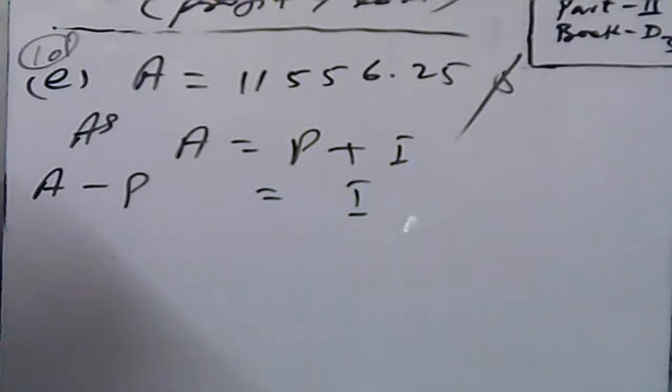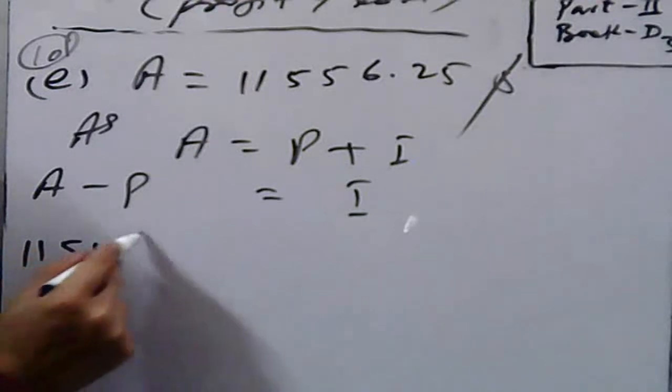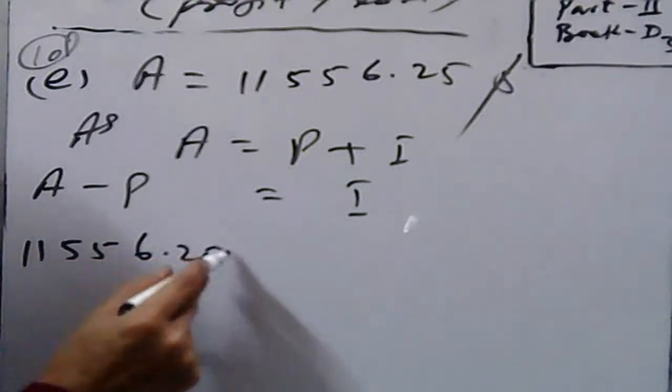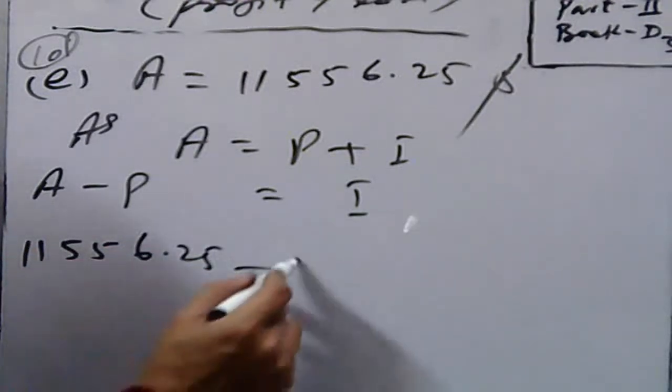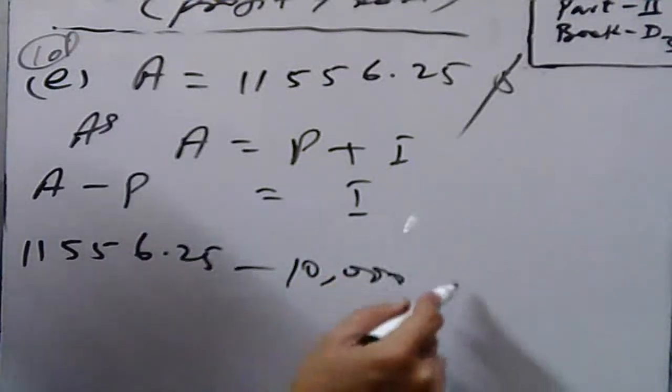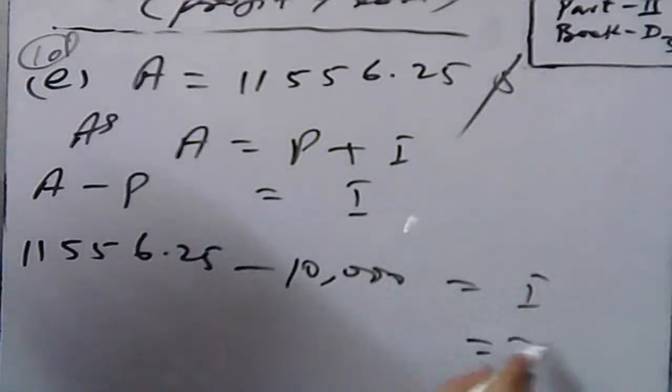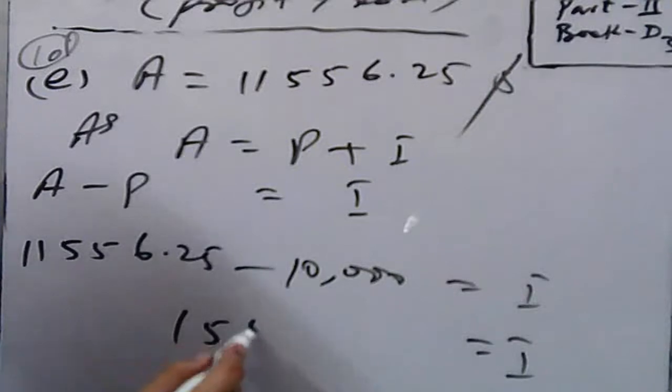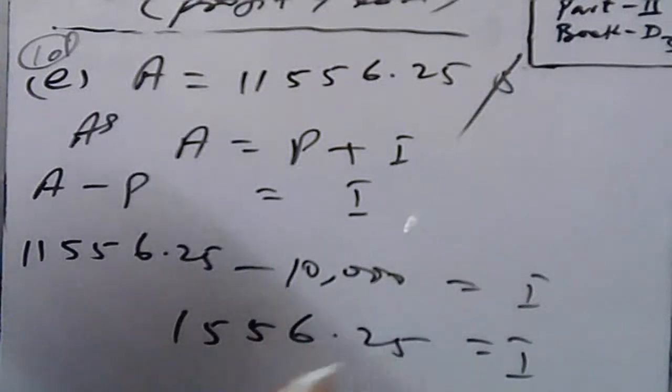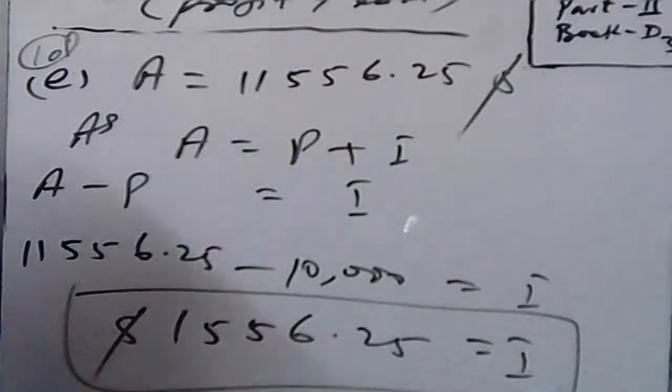So in this situation, we have 11,556, the amount we just calculated, and 10,000, the given principal amount. Using the calculator, after subtraction you will get this dollar amount. So that is your required result.